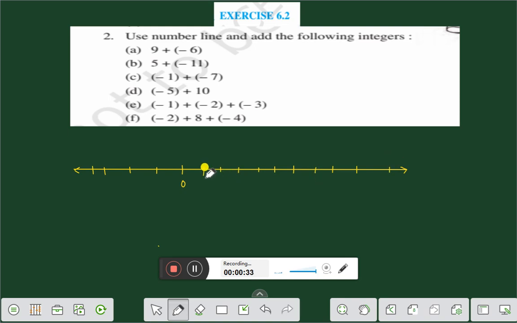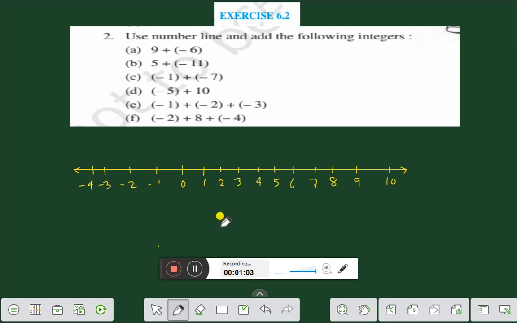This is 1, 1, 2, 3, 4, 5, 6, 7, 8, 9, 10. And on this side -1, -2, this is -3, and this is -4.